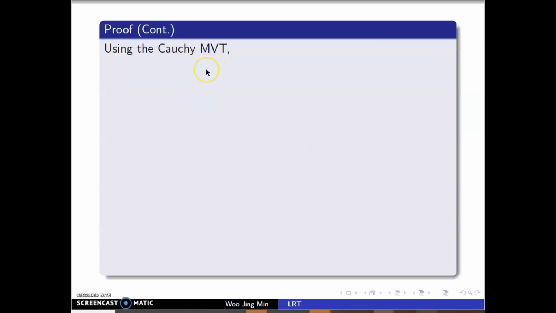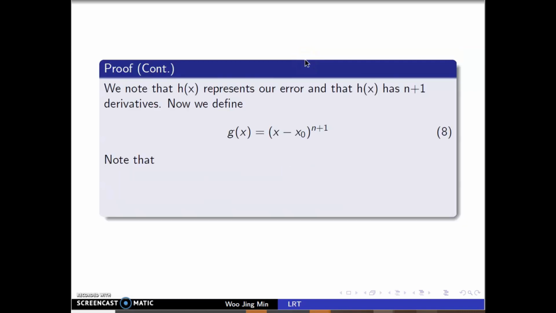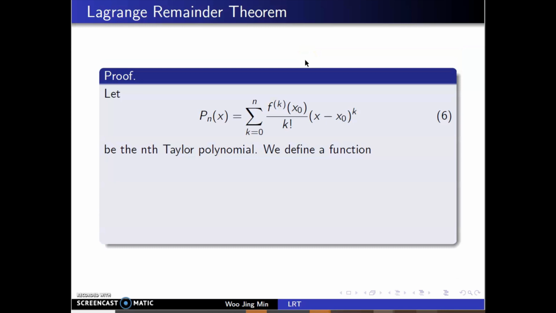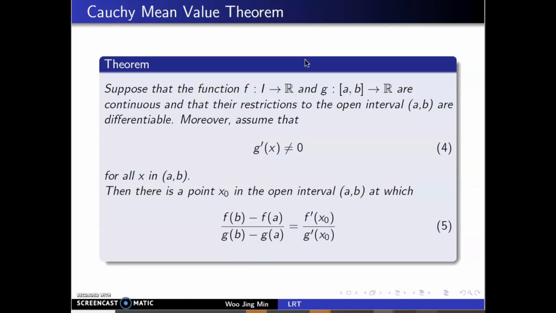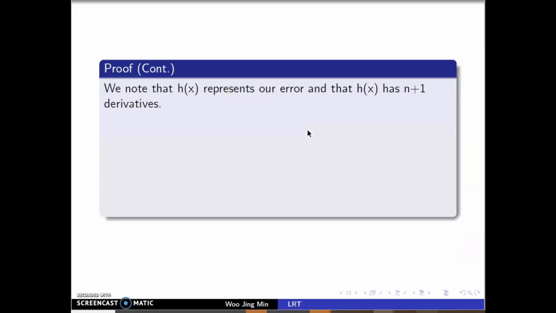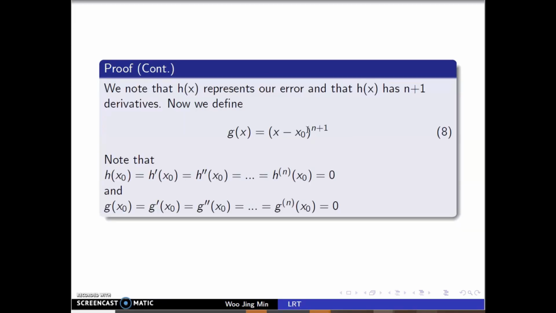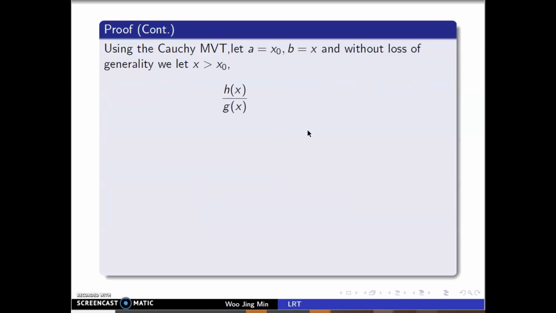Now, using the Cauchy MVT, we let a equal x0 and b equal x, because the Cauchy MVT demands that we have an open interval a b, isn't it? As you can see right here, we let a equal x0 and b equal x, and without loss of generality, we let x be larger than x0.